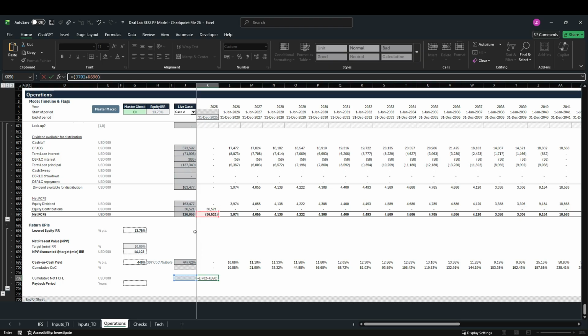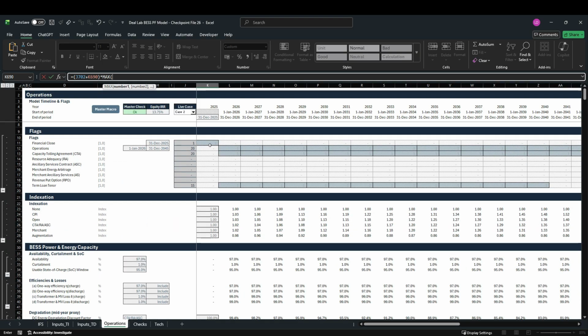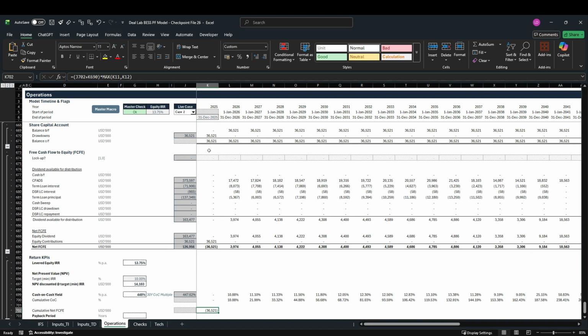And then again, we will multiply this with our two flags, our financial close flag, as well as our operations flag. So our financial close flag is up here, and then our ops flag in row 12, close parentheses, hit enter.